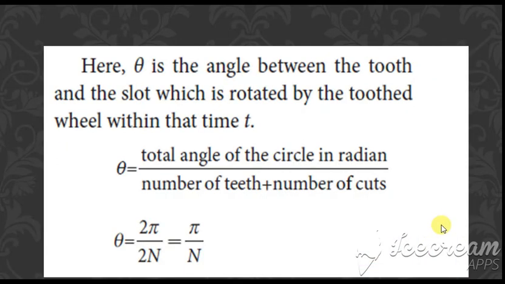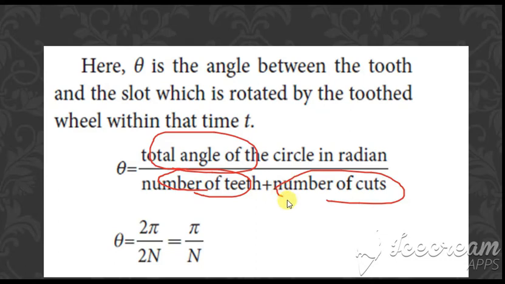Then for finding the value of theta, the formula is total angle divided by number of teeth plus number of cuts. Already we have seen how many teeth: N number of teeth and N number of cuts in the toothed wheel, is it not? And so N plus N is 2N.